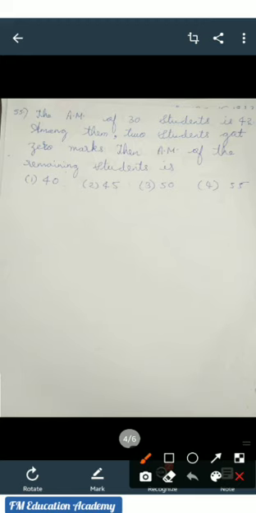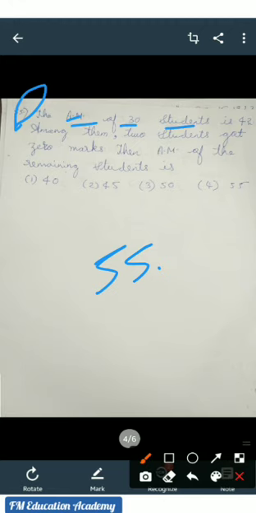Now after the 54th question, the questions may be jumbled up, that is in set A, this is not the 55th question, but it can be any question from 55 to 60. So see the question: the AM of 30 students, AM means arithmetic mean here, is 42. Among them, 2 students got 0 marks. Then the arithmetic mean of the remaining students is.